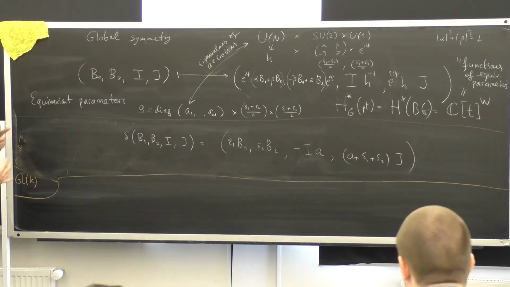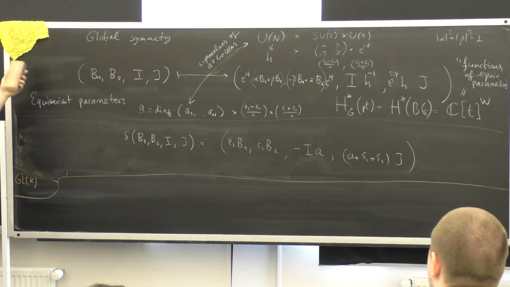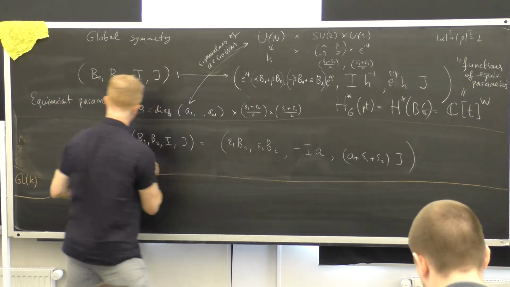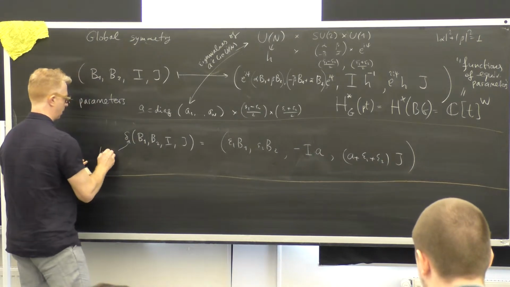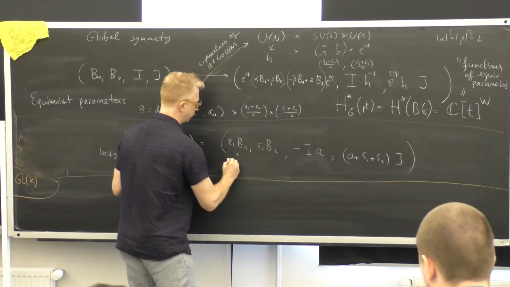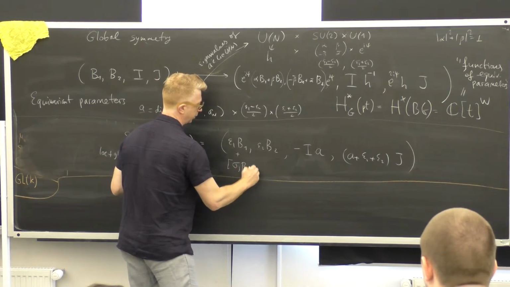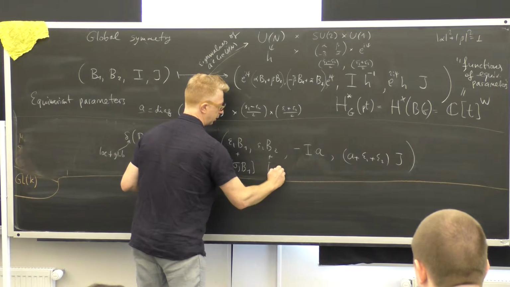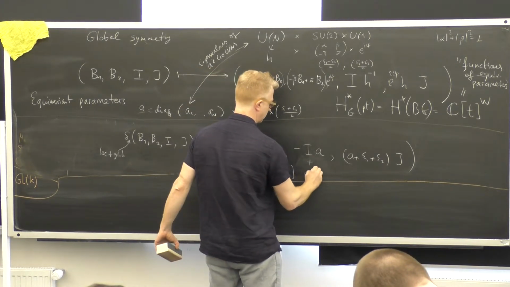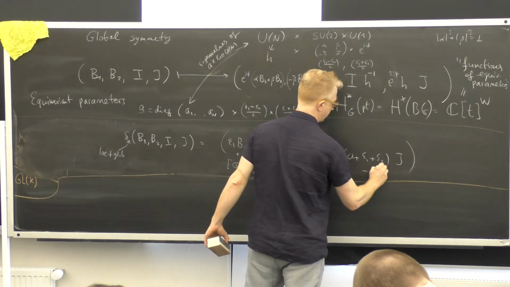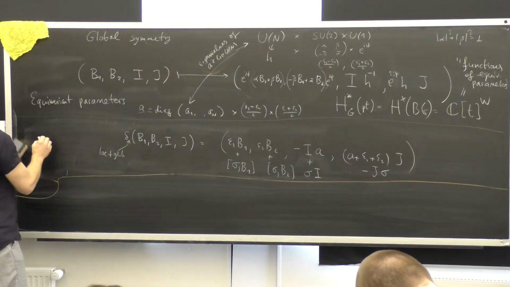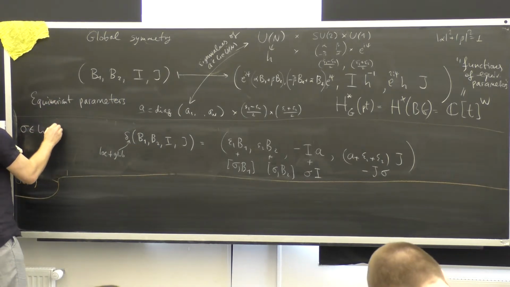And now if we remember that we also have a local symmetry, the group by which we divide, the total local plus global transformation will involve, in addition to that, a commutator of sigma with B1, a commutator of sigma with B2, sigma times I minus J times sigma. So sigma here is in the Lie algebra of UK.